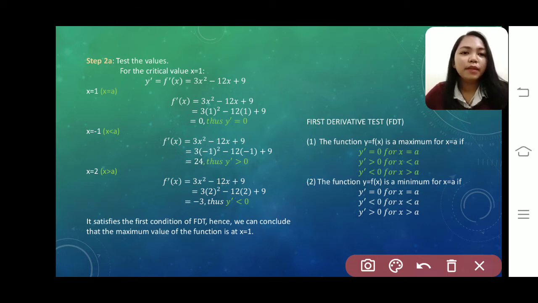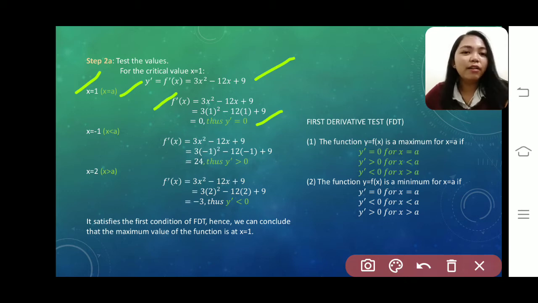So, what are we going to do? So, unahin natin at x equals 1, dapat yung f prime of x natin is equal to 0. So, malamang 0 yan kasi, di ba, kaya nga natin nakuha yung critical value is sinet natin equal to 0 yung first derivative natin.